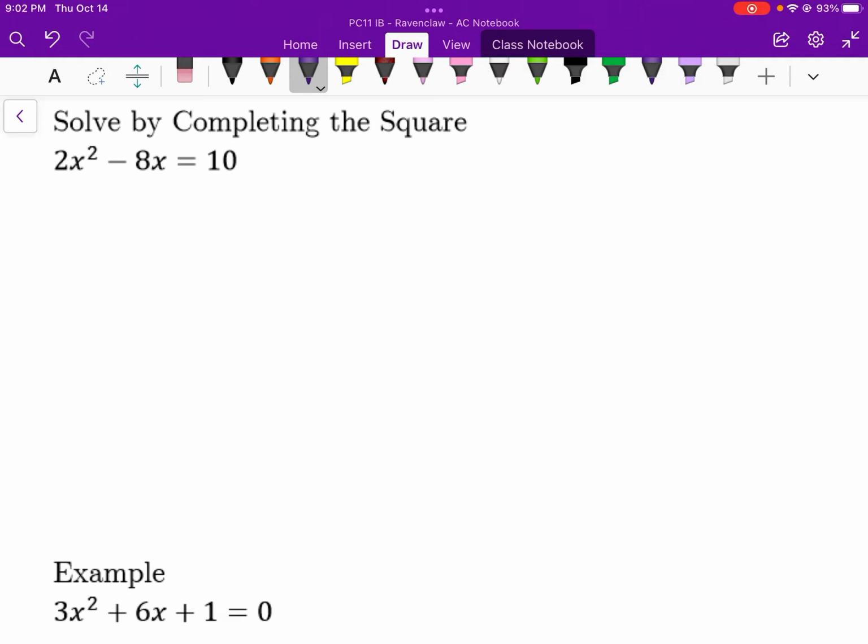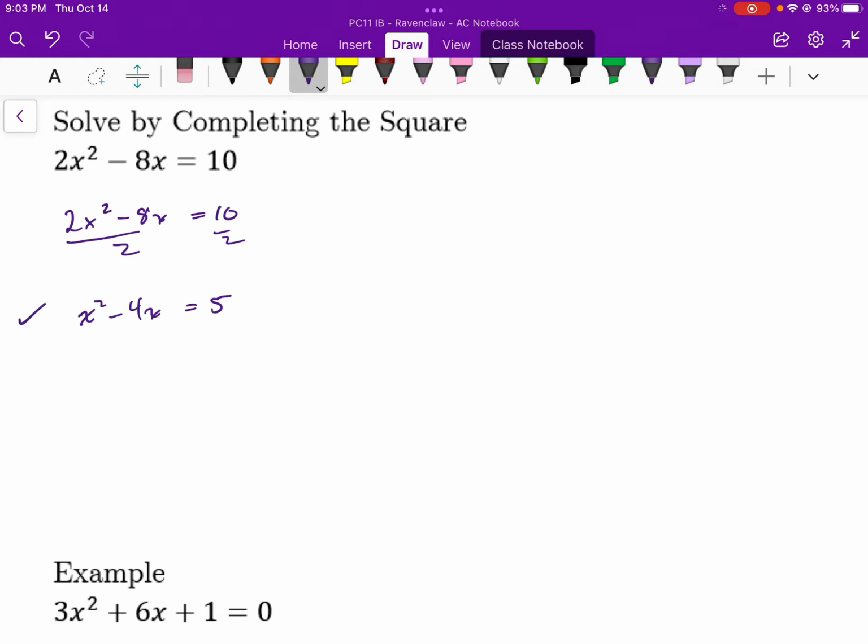It may not even be the best, but here's what I would do. I notice that all the coefficients in here are divisible by 2. So if I divide both left-hand and right-hand side of the equation by 2, I end up with x squared minus 4x is equal to 5.